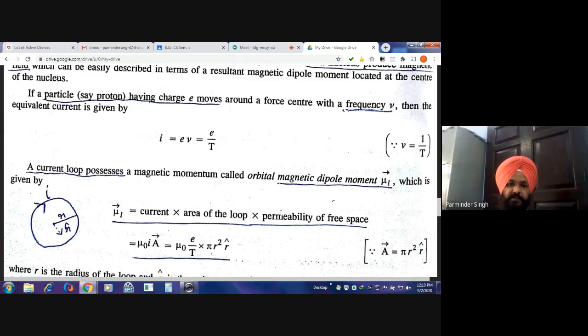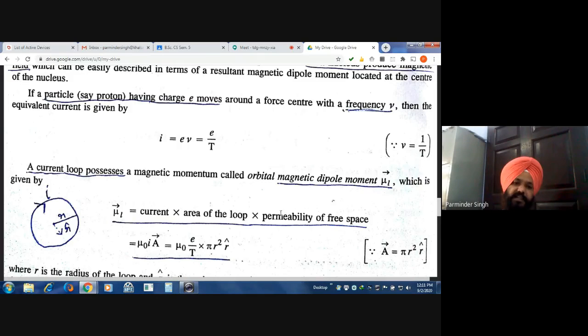So a current loop possesses a magnetic moment called the orbital magnetic dipole moment, denoted by mu L. Mu L, the orbital dipole moment, is always considered as the mu L vector. It can be calculated as the current passed through the loop multiplied by the area of the loop.